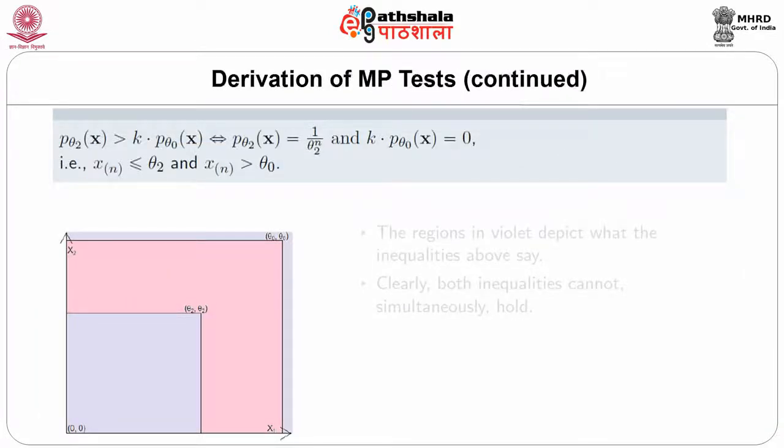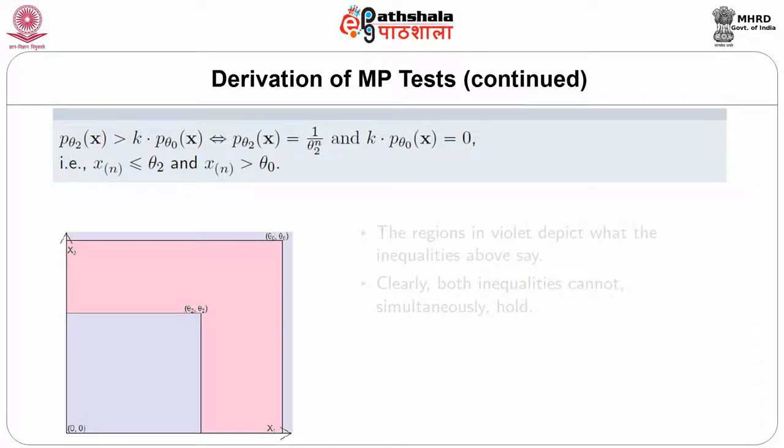Now, p theta 2 greater than k p theta naught is equivalent to p theta 2 being 1 by theta 2 to the power n, and k p theta naught being 0. That is, p theta 2 is positive and k p theta naught is 0, that is, p theta naught is 0, which is equivalent to x order n less than or equal to theta 2 and x order n greater than theta naught.